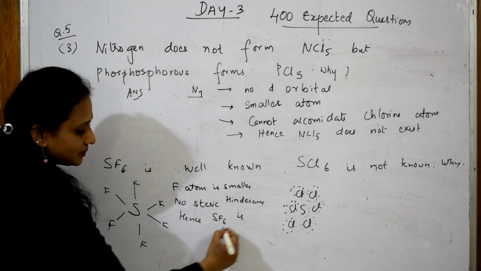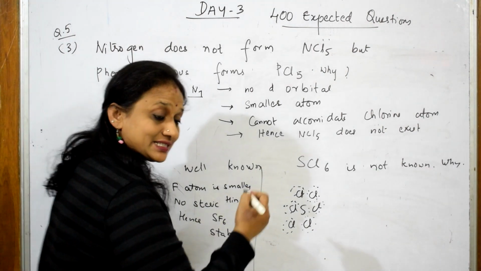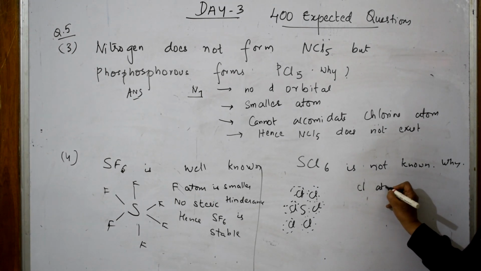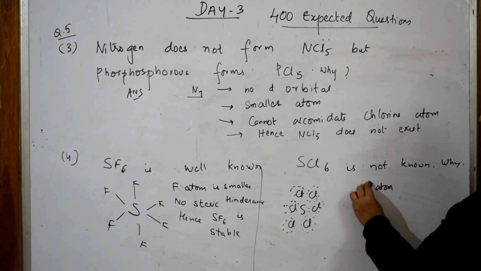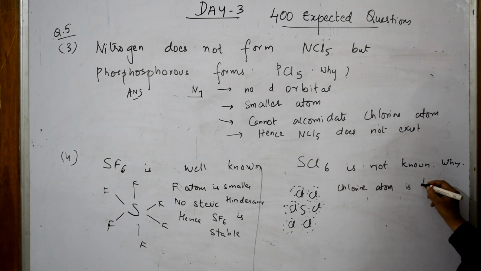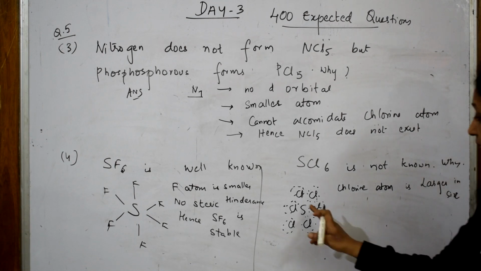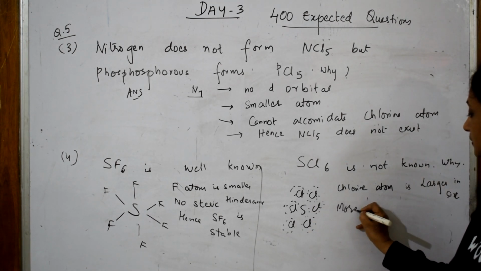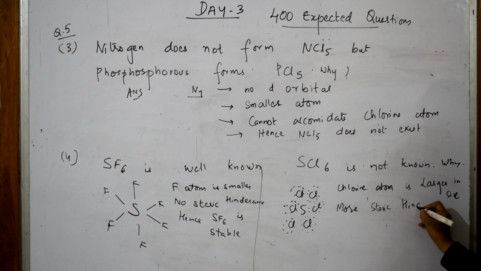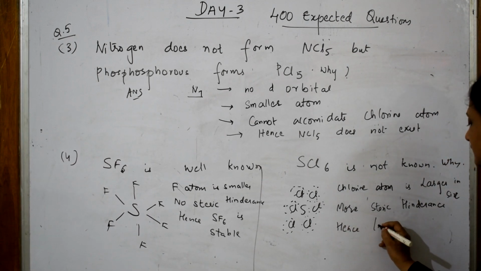Hence SF6 is stable. Now if I have to write SCl6, what happens, students? Chlorine atom, write the full form please, don't write shortcuts like me. Chlorine atom is larger in size, more steric hindrance, hence less stable.